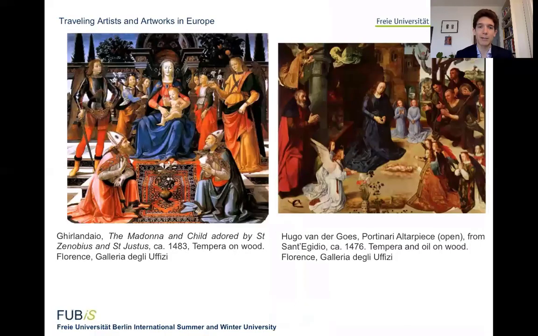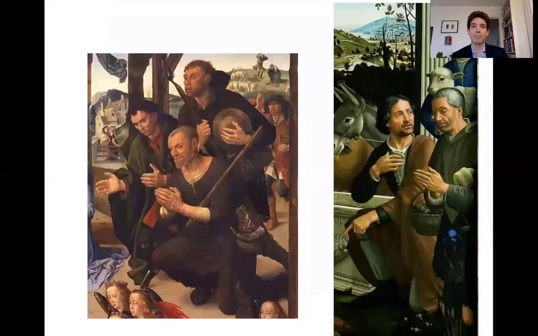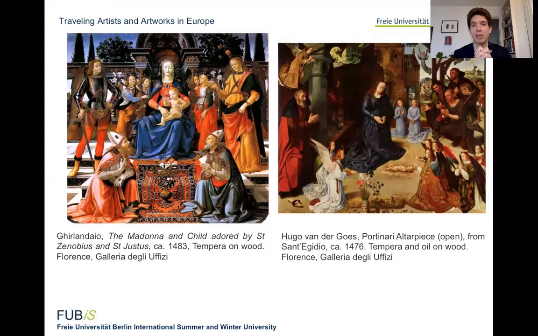And this comparison between the painting by Ghirlandaio and the triptych by Hugo van der Goes is also very important in order to understand how one of the most famous subjects of the history of European art, that is to say, the Italian Renaissance, and more specifically, the Florentine Renaissance, didn't exist in isolation from what happened in the rest of Europe.